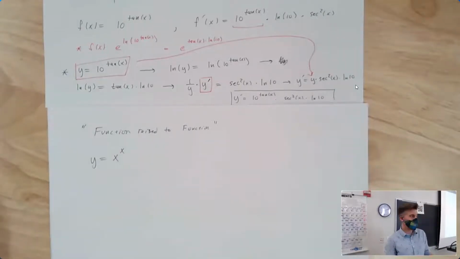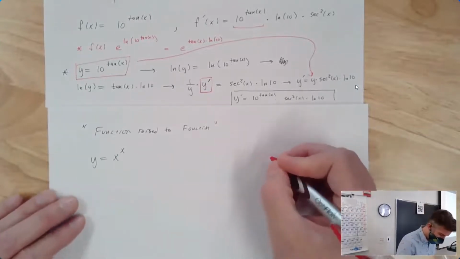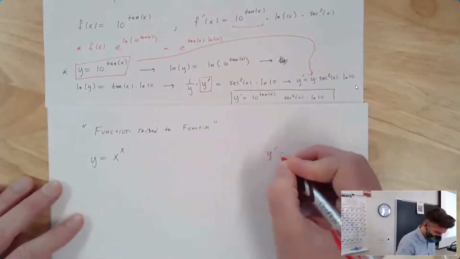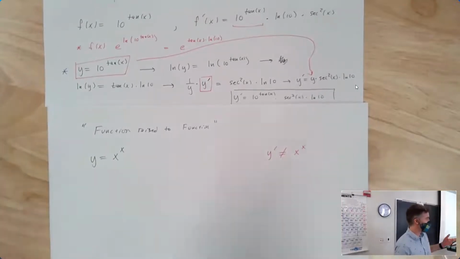We really want to be super extra clear about this. None of the formulas we have so far would deal with this because this actually isn't anything we've seen. It's not an exponential function because your base isn't a constant. And it's not a polynomial function because your power isn't a constant, right? You definitely cannot say y prime is x to the x, pretending like it's an exponential, as if it's the same thing we started with.